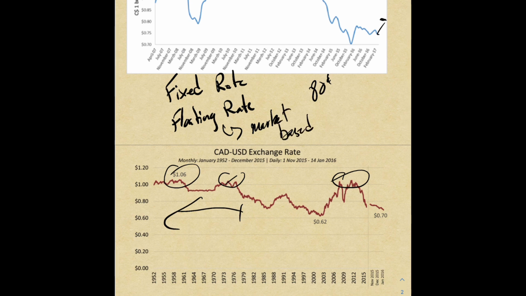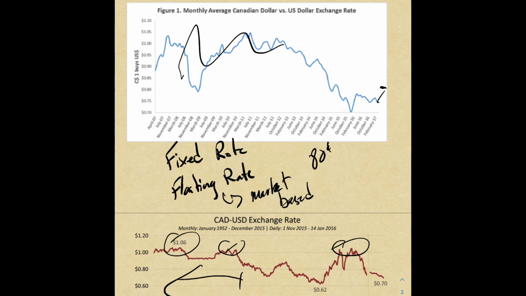And that means that the exchange rate fluctuates, as you can see. And as you can see, all of this stuff is from the open market buying and selling Canadian dollars. And that the buying and selling of Canadian dollars, it reflects the confidence people have in the Canadian economy.